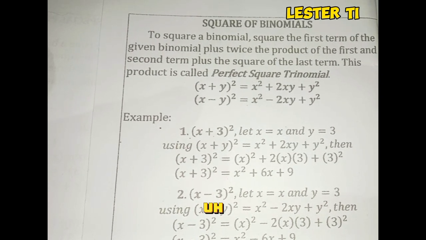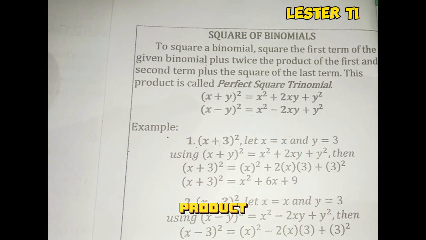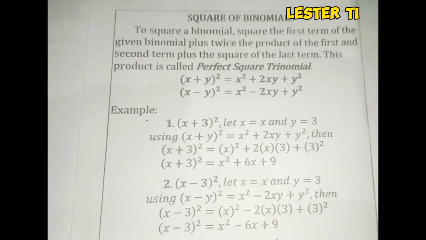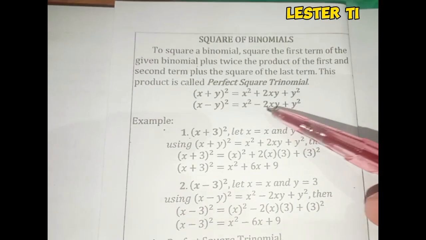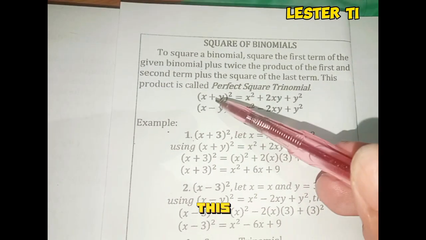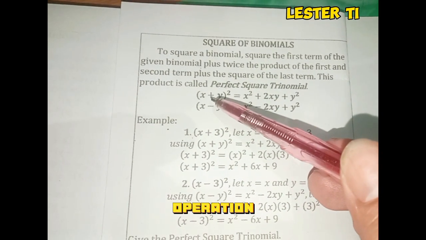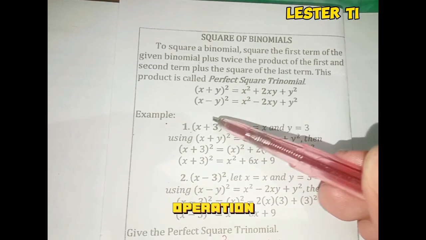The thing that you are doing, or this product, is called the perfect square trinomial. So take note, guys, that we have two types of this perfect square trinomial: the one that is in addition operation, and the other is in subtraction operation.